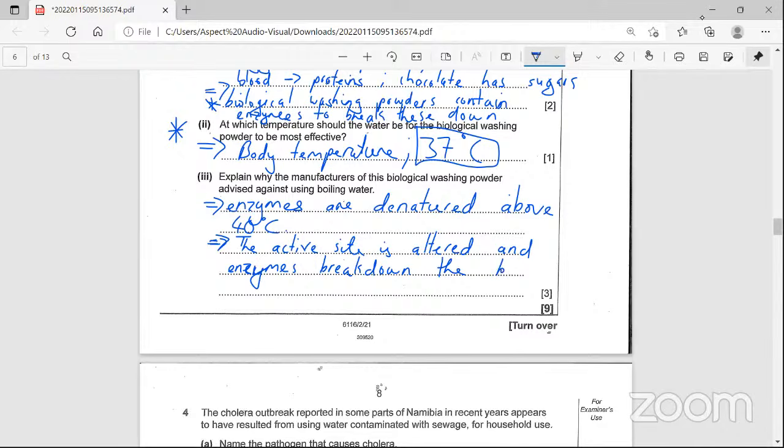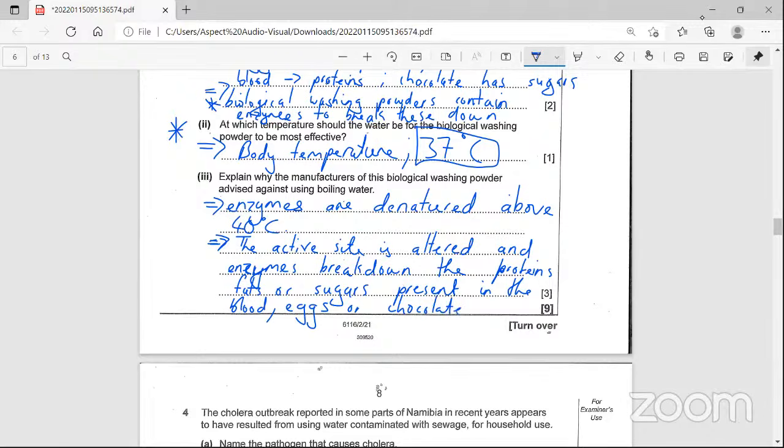Proteins, fats or sugars present in the blood, eggs, or chocolate.